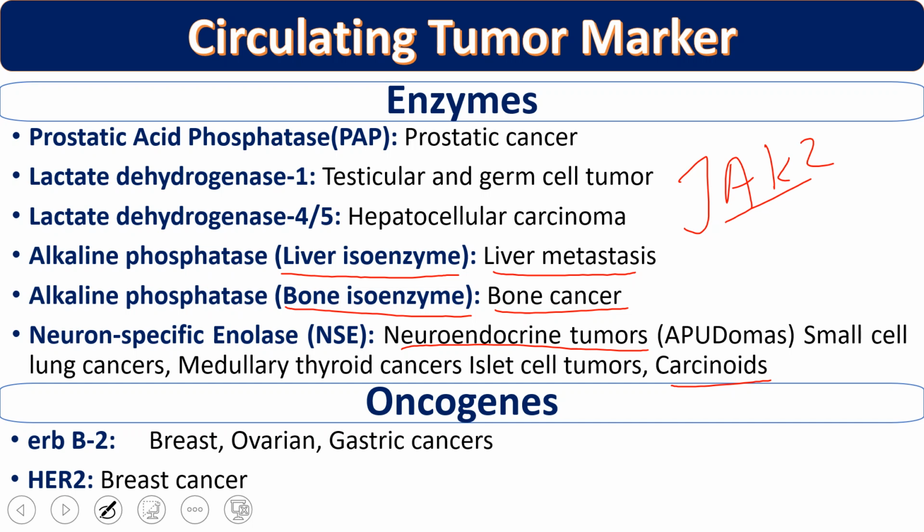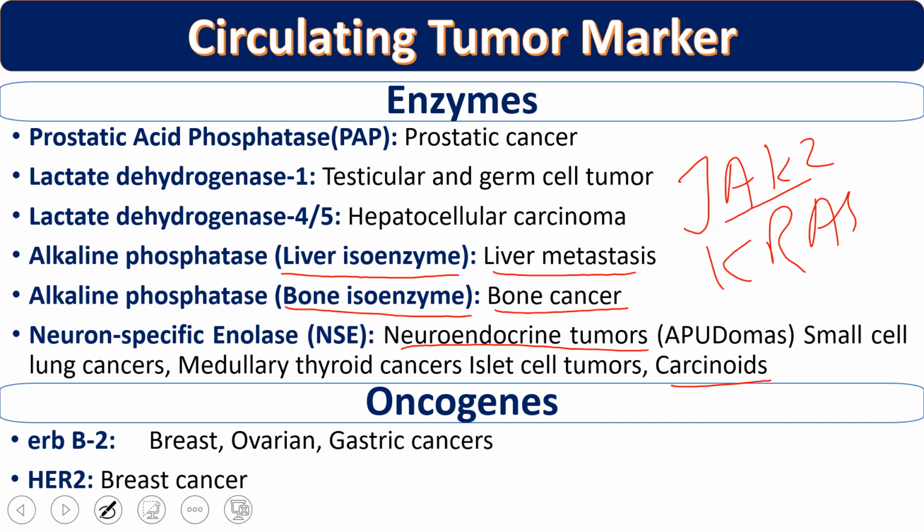Similarly, we are having KRAS mutations. This is specific for colon cancers or lung cancer. Here we are going to collect tissue samples. Then we are having fibrin or fibrinogen that can be used as tumor markers, where a urine sample will be collected, and fibrin and fibrinogen is specific for bladder cancers.